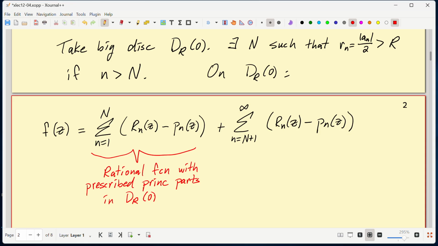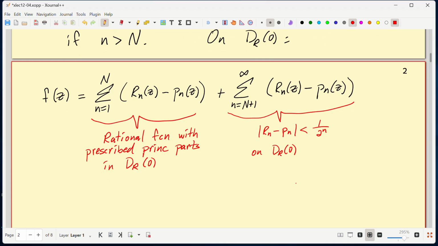This part is where I can use the estimate, because the Rn's now would be bigger than this, and so I would get the estimate, namely that the modulus of Rn minus Pn is less than 1 over 2 to the n on dr0. And so the Weierstrass M test tells me that that converges uniformly to an analytic function.